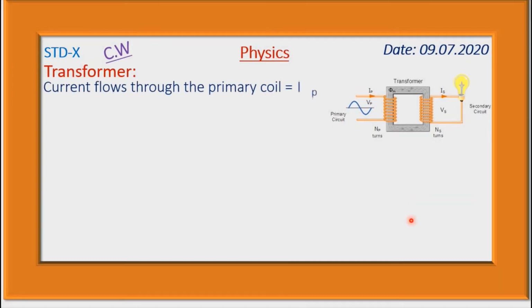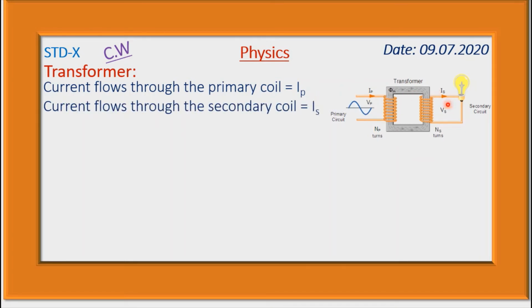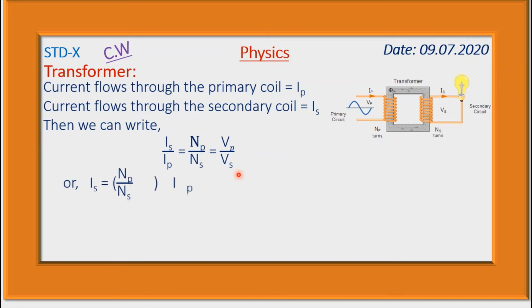The current flowing through the primary coil is Ip, and the current flowing through the secondary coil is Is. Then we can write Is/Ip = Np/Ns = Vp/Vs, and from this equation we can write Is = (Np/Ns) × Ip, and Is = (Vp/Vs) × Ip.